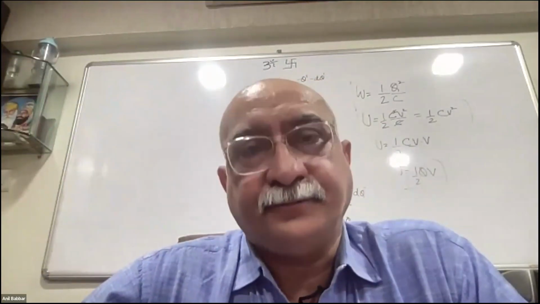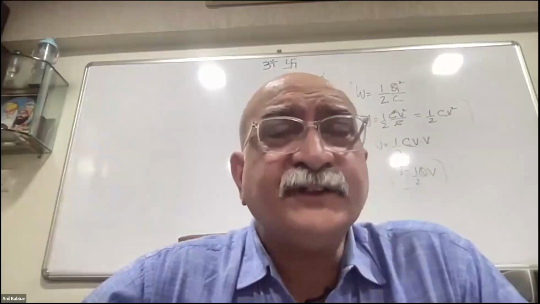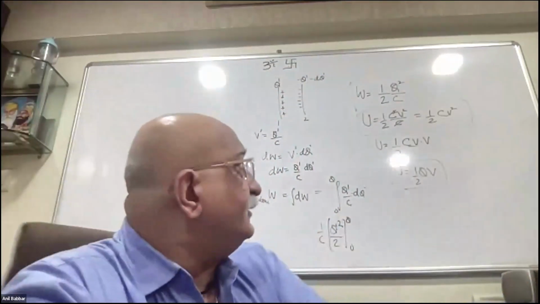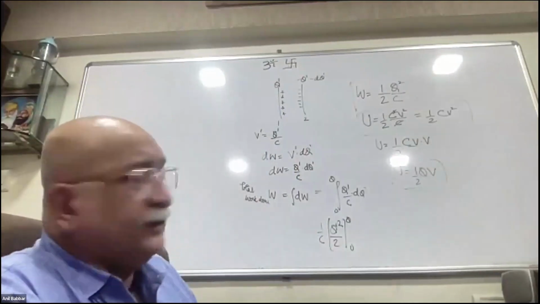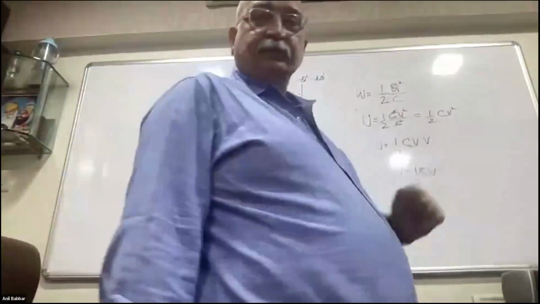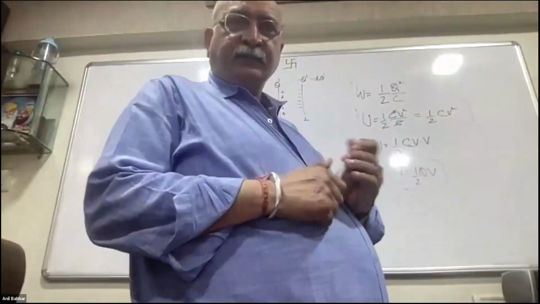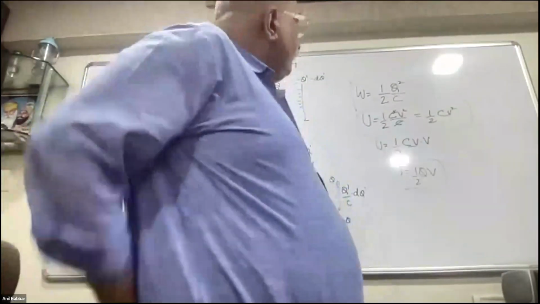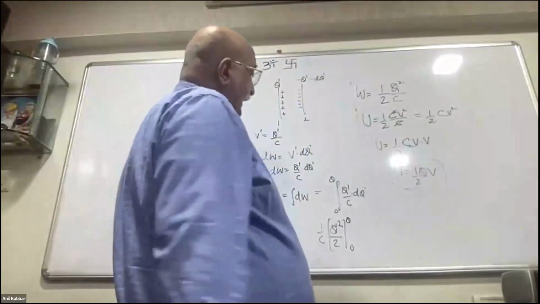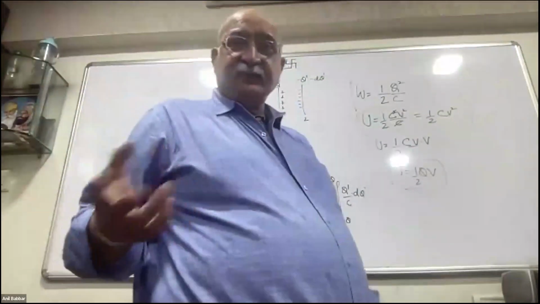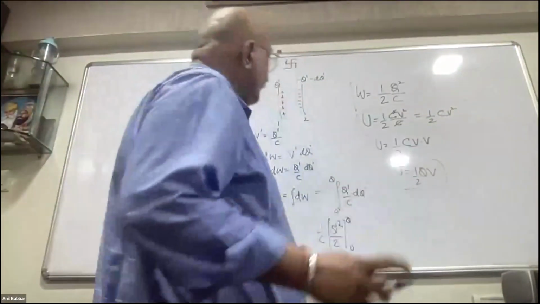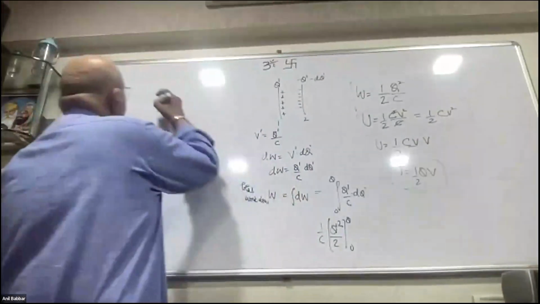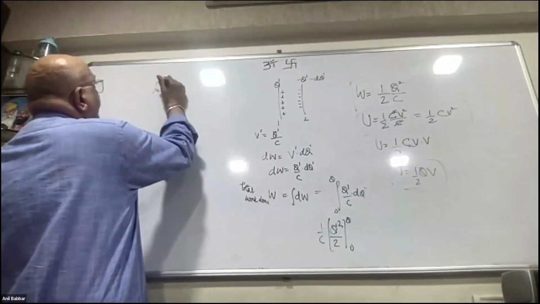So we have Q constant, that means charge is constant. So potential energy will be half Q square by C. This Q will remain constant. 1/C we have calculated as 1/C1 plus 1/C2 plus 1/C3 in series combination.